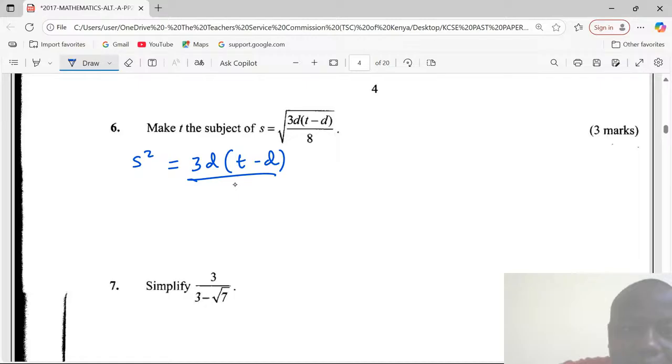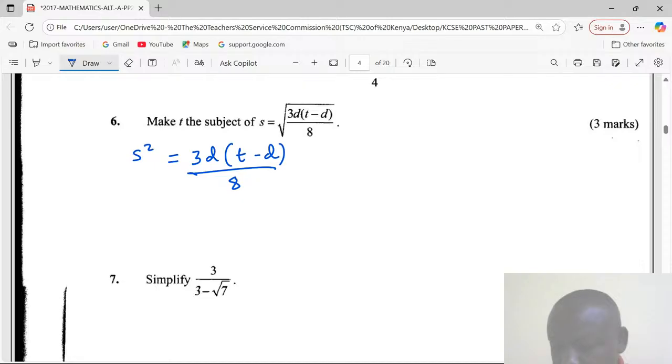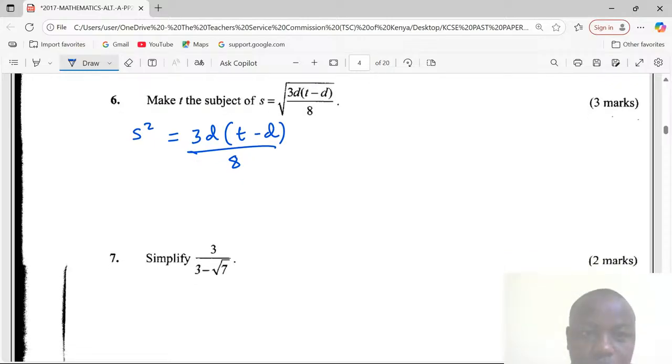Multiply by 8, that is. Remember what we are making the subject is T. So we can multiply both sides by 8 over 3D, for it to clear from the left-hand side.